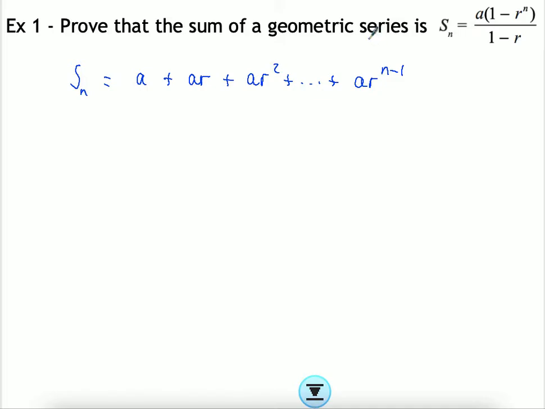Now, we're not going to reverse it like the arithmetic series. What we're going to do is multiply both sides by r, which you may think is a little strange, but just go with it.